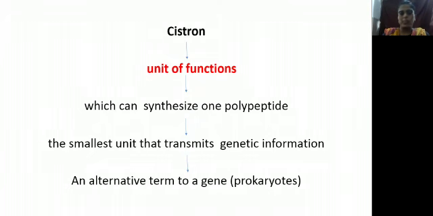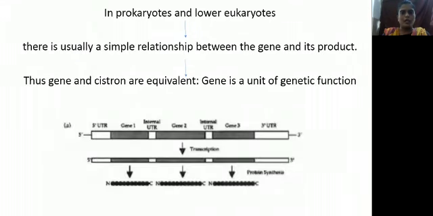But in the case of prokaryotes, cistron and gene are similar. But in the case of eukaryotes, as eukaryotes contain introns, the two terminologies, gene and cistron, differ. So in prokaryotes, cistron is an alternative term for gene. In prokaryotes and in lower eukaryotes, there is usually a simple relationship between a gene and its product.